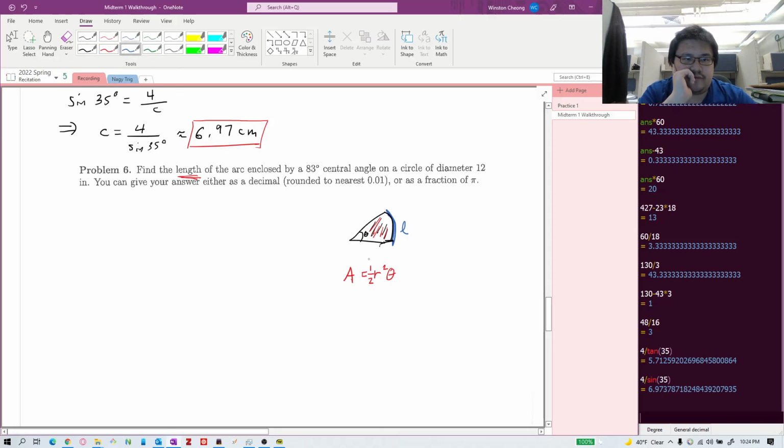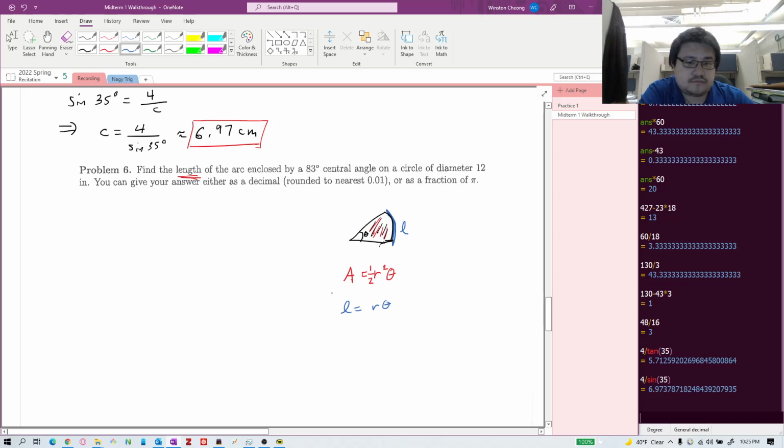And then arc length is going to be r times theta. You can check that: if you had 2 pi as the full circle, this formula gives us 2 pi r, which is the formula for the circumference of a circle. So that's right.